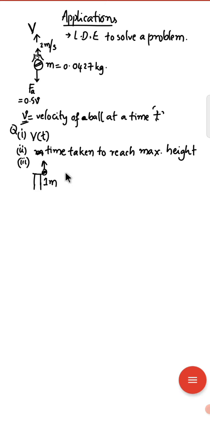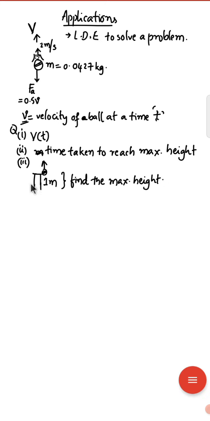So they asked us to find, in this case, the maximum height.